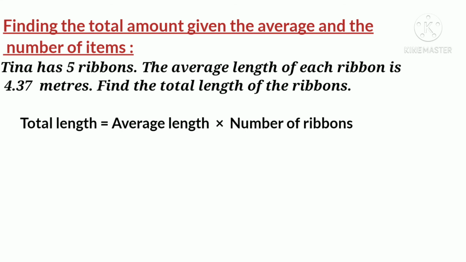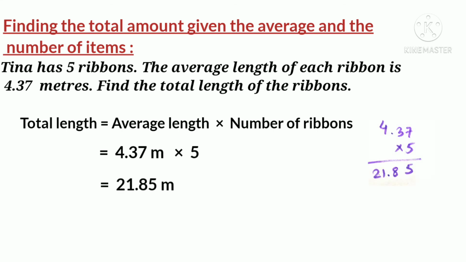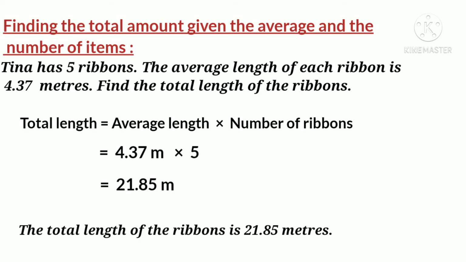So, to find the total length of the 5 ribbons, we multiply 4.37 meters by 5. And when we multiply them, we get 21.85 meters. So, the total length of the ribbons is 21.85 meters. So students, this is how we find the total amount when the average and the number of items are given.